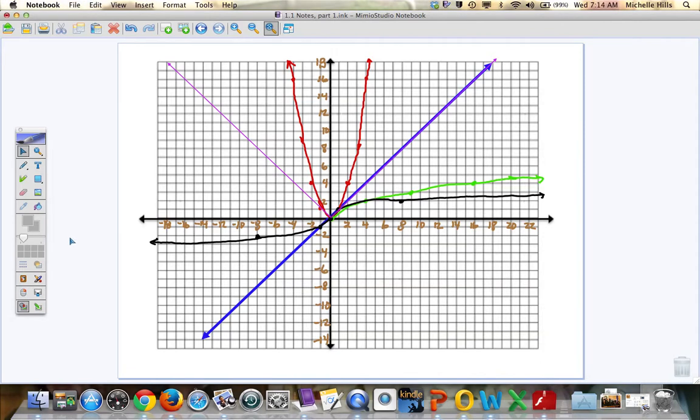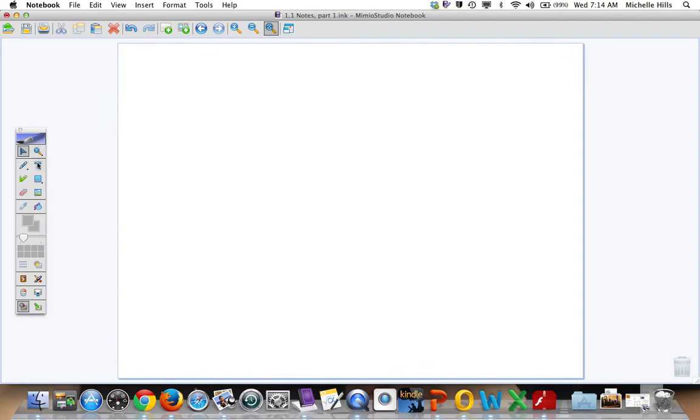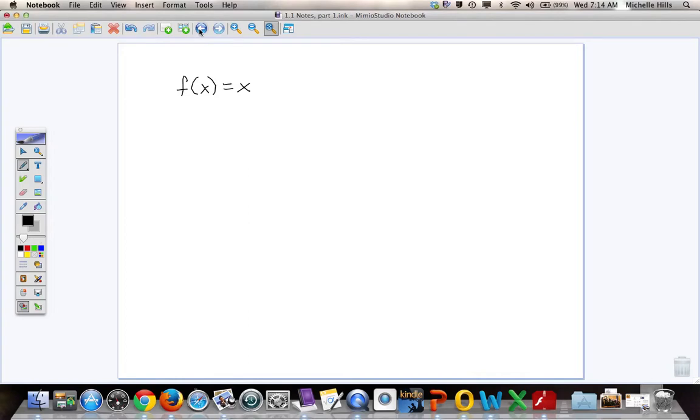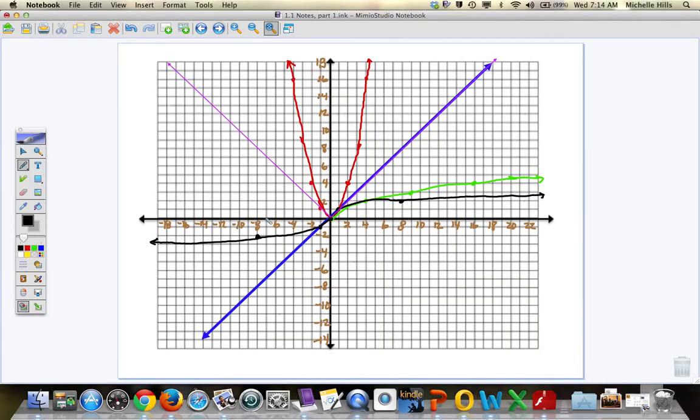So remember these shapes because these are, again, these parent functions that we're going to be dealing with. Now, one thing I did want to remind you of, and it will come into play with an activity that we're doing, is domain and range and interval notation. So if I look at a basic f of x equals x linear equation, and a linear equation in this case that's not a purely horizontal or vertical line, notice this blue line, it would extend forever left and right.